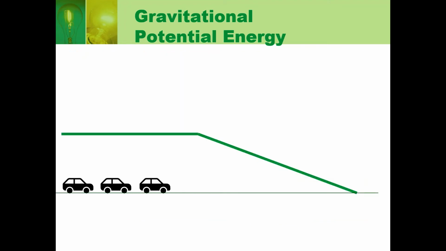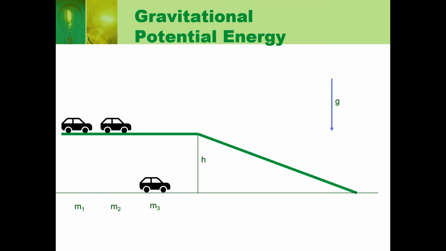The potential energy we give our cars depends on the masses of the cars, as well as the local gravity field strength and the height to which we lift the cars. The formula is the change in gravitational potential energy is equal to mgh.